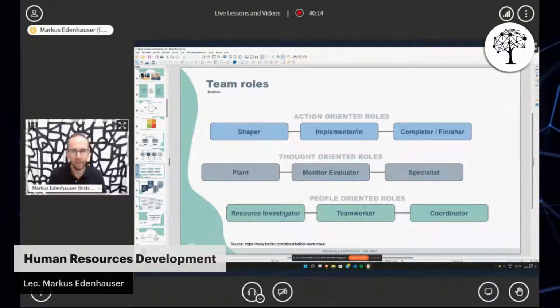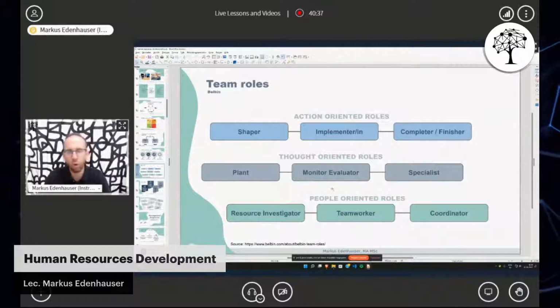And Belbin has a really good overview of 9 different kinds of team roles. Each of these team roles has its own core competences, and in my opinion, it's really necessary that a team has one action-orientated, one thought-orientated, and one people-orientated role.